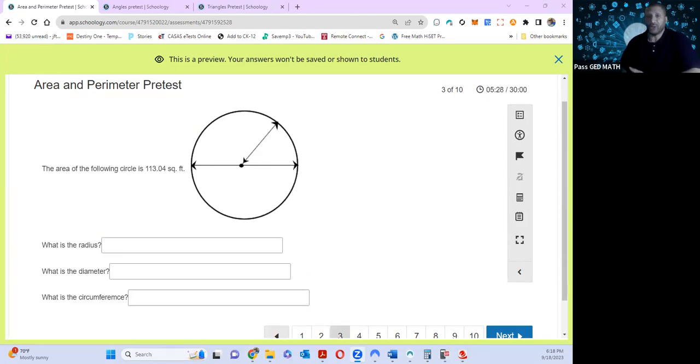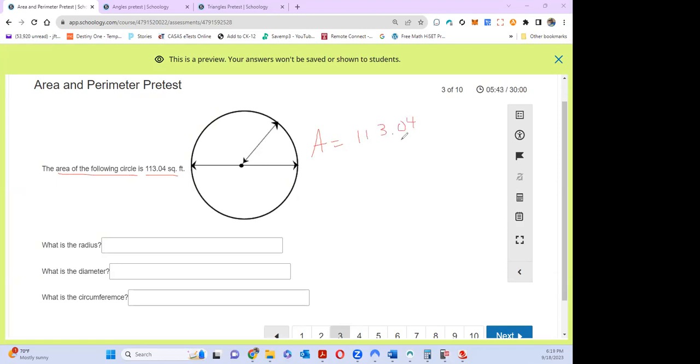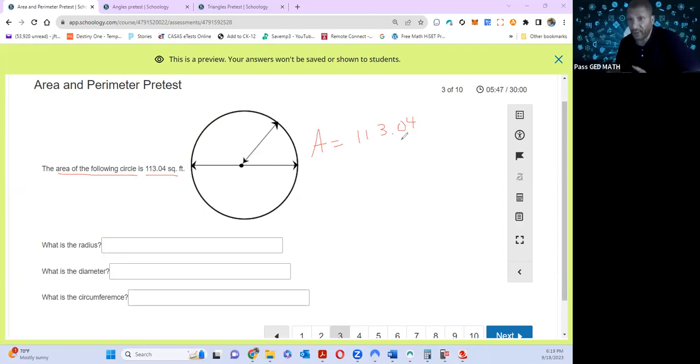Again, always start with what's given. They said the area of the following circle is 113.04, so we know the area is 113.04. We also know the formula for area. What is the formula to find the area of a circle?